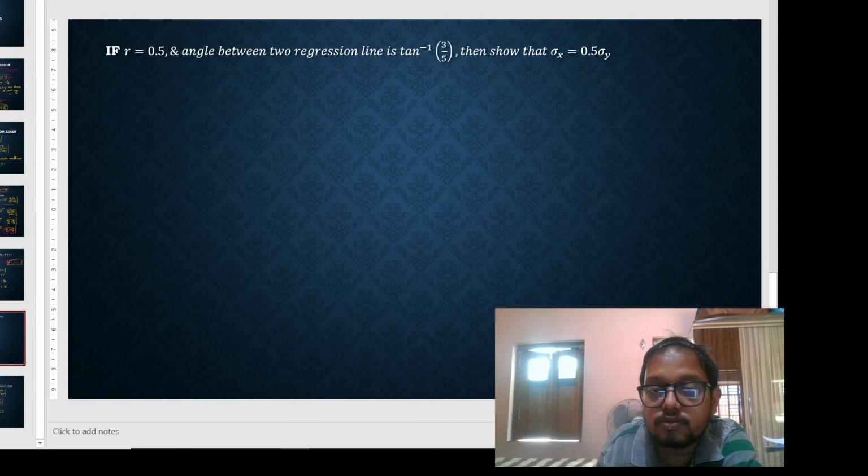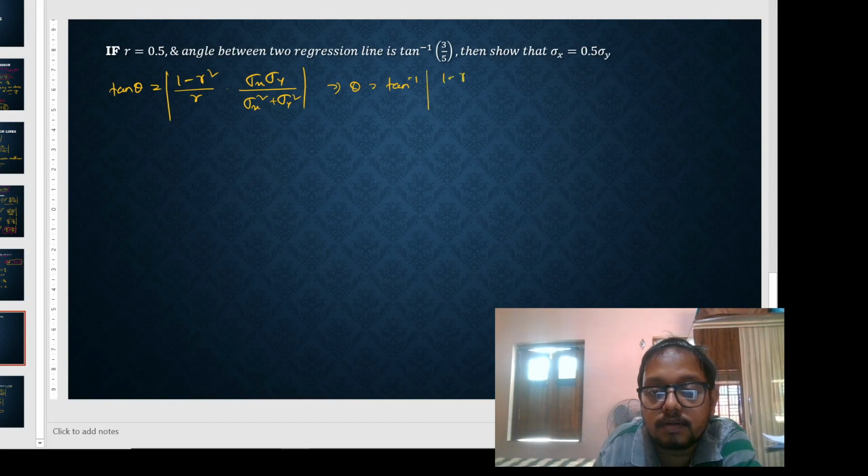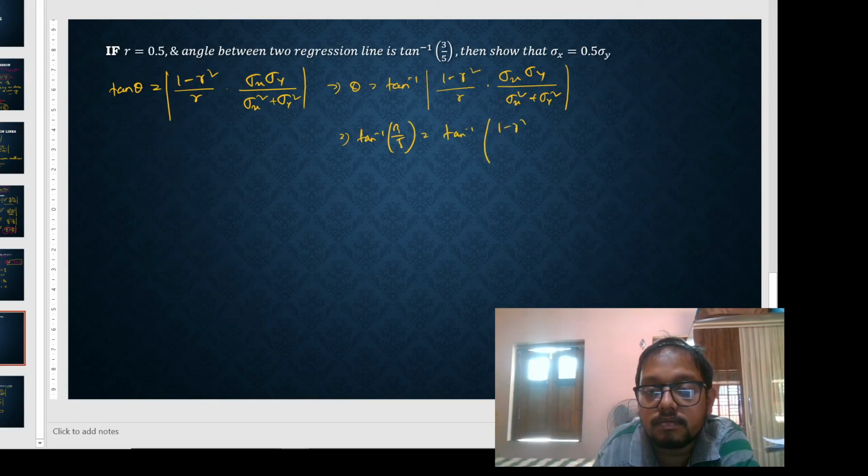That means here also we have to use the formula, that is tan theta is equal to 1 minus r squared by r into sigma x sigma y by sigma x square plus sigma y square, and from here we can write that theta is equal to tan inverse of that. And it is given that this is tan inverse 3 by 5, so I can write tan inverse 3 by 5 is equal to tan inverse 1 minus r square by r into sigma x sigma y by sigma x square plus sigma y square.